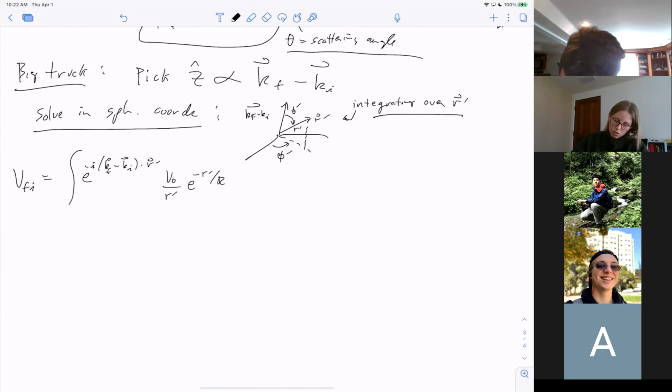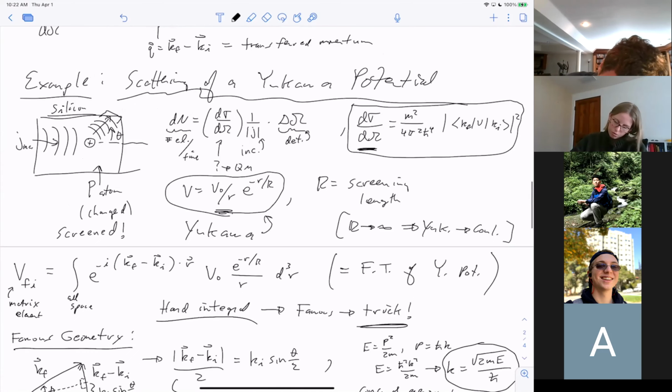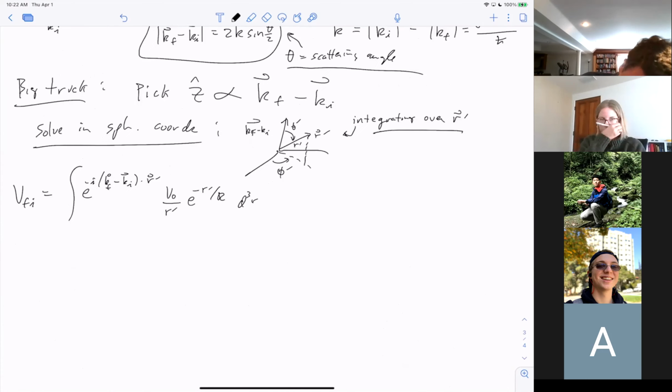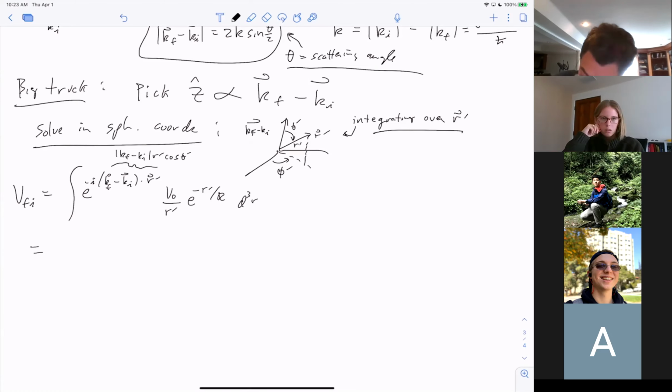I get all these things. Okay, good. So this is my integral, and now I'm going to use our trick, because this dot product can now be equal to the length of kf minus ki times the length of r prime times the cosine of the angle between them, which is now cosine theta prime, using this construction.